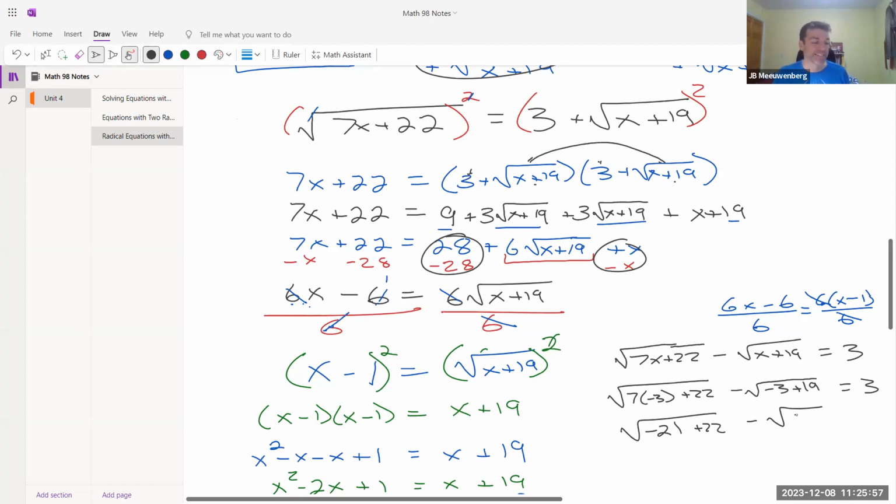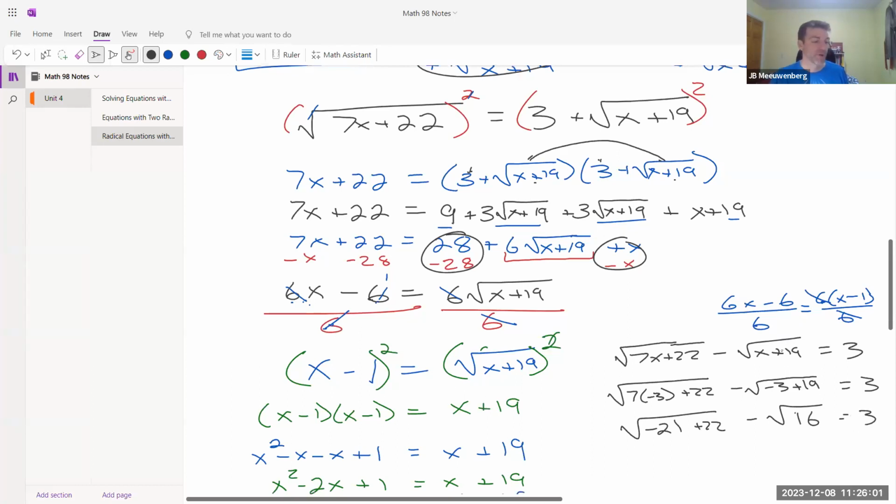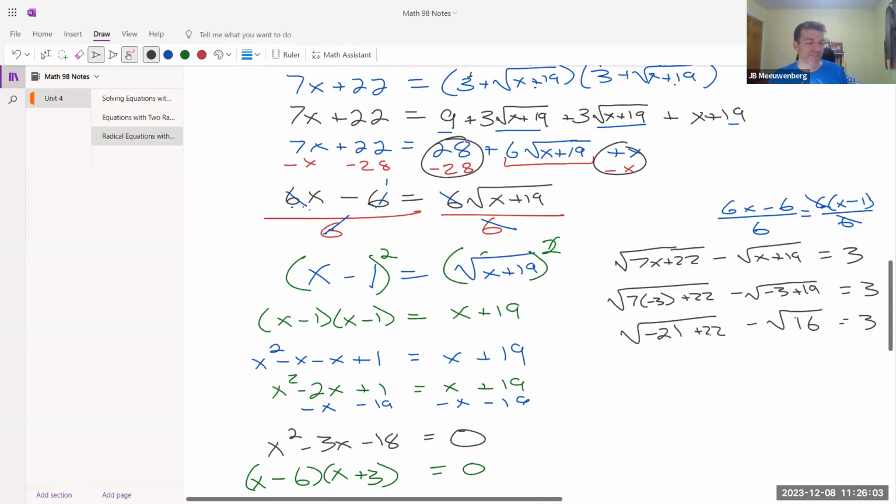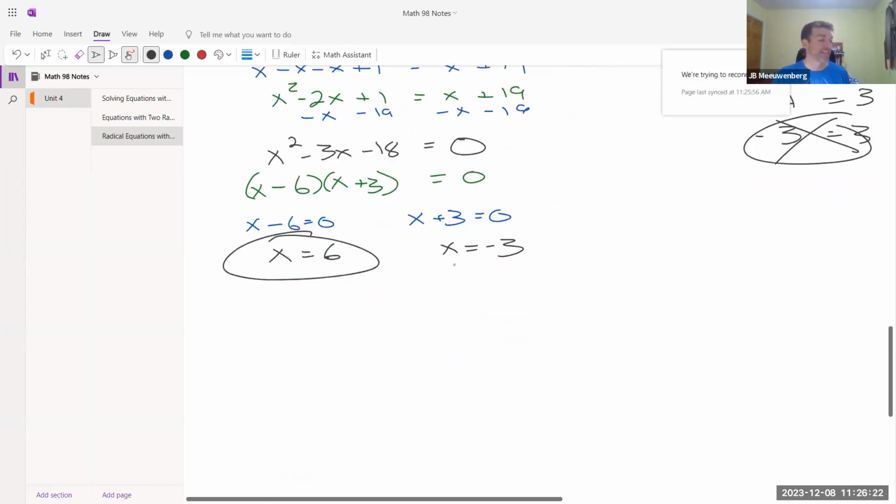Negative 3 plus 19 is 16 equals 3. Negative 21 plus 22 is 1. The square root of 16 is 4. The square root of 1 is 1. 1 minus 4, is that equal to 3? It is not. We end up with negative 3 equals 3, which is false, not true, which proves that x equals negative 3 is not a solution.